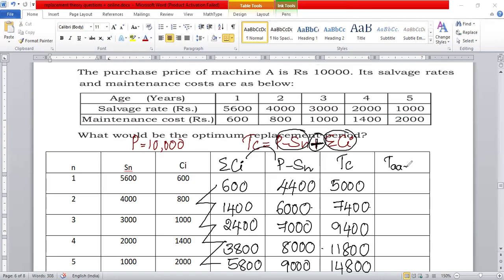Then the annual average cost formula: TAAC is equal to TC divided by N. Now we are at the final formula. So TC divided by N. 5,000 divided by 1 is 5,000.